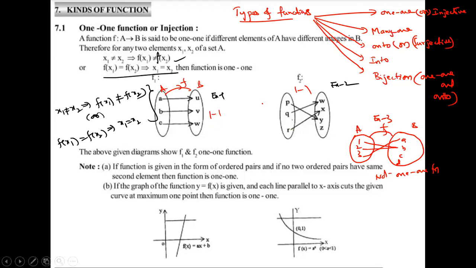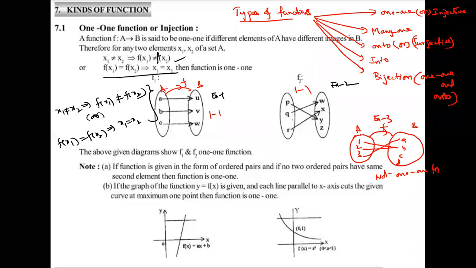Example 3 is a function, but not a 1-1 function. Why is it not 1-1? Excellent, someone says it: B has the same images. See, 1 and 2 have the same image. Here, 1 and 2.